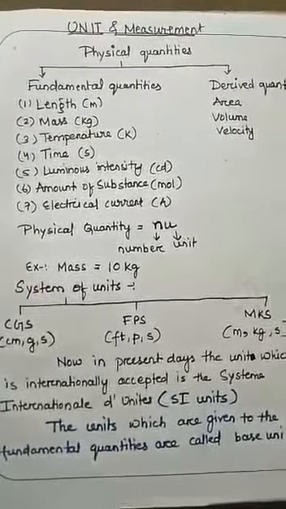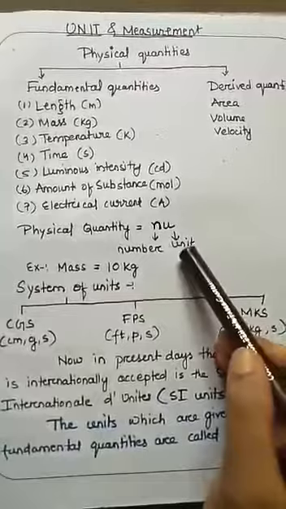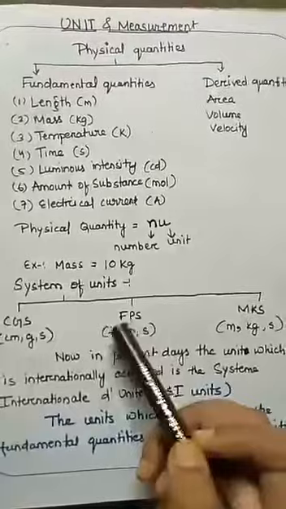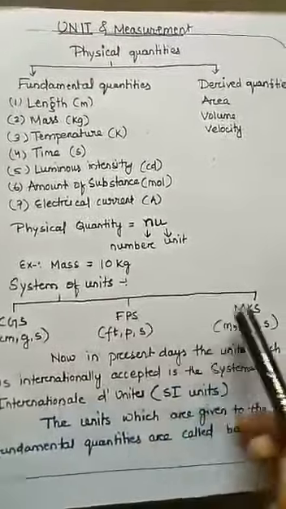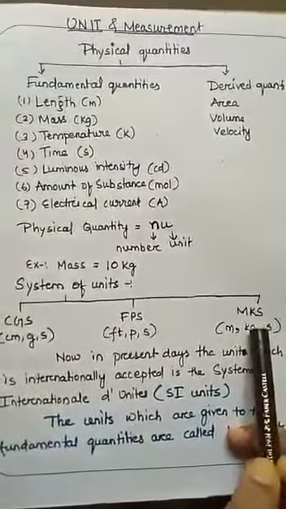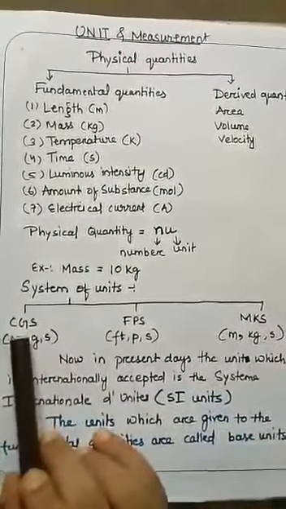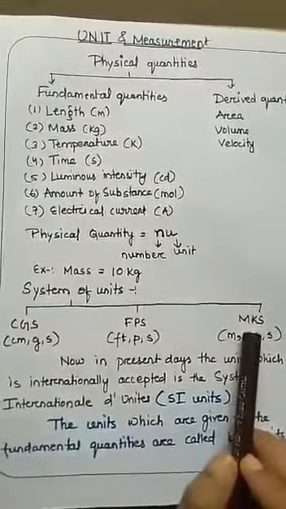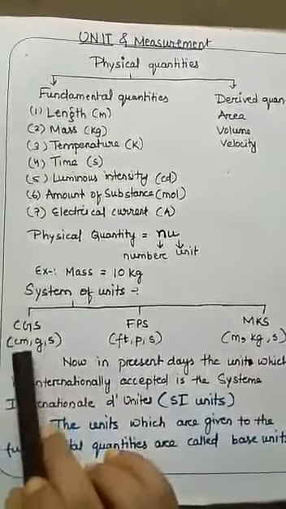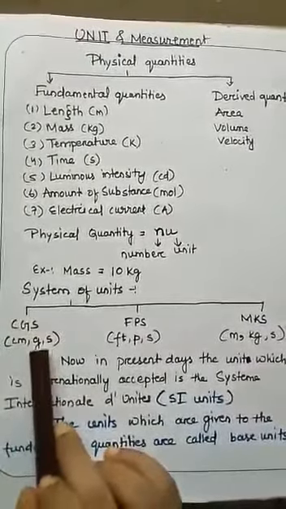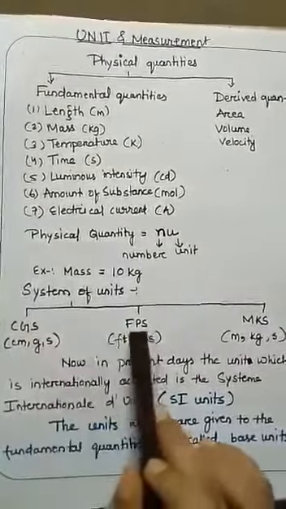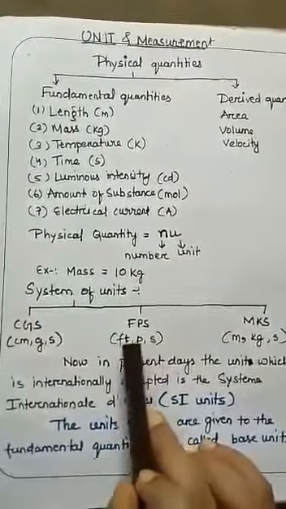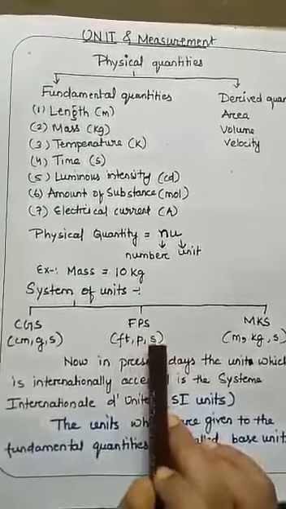Under units we have the system of units, which includes a lot of systems. Among those we have three systems here: CGS, FPS and MKS. CGS stands for centimeter, gram and second, whereas FPS is foot, pound and second.